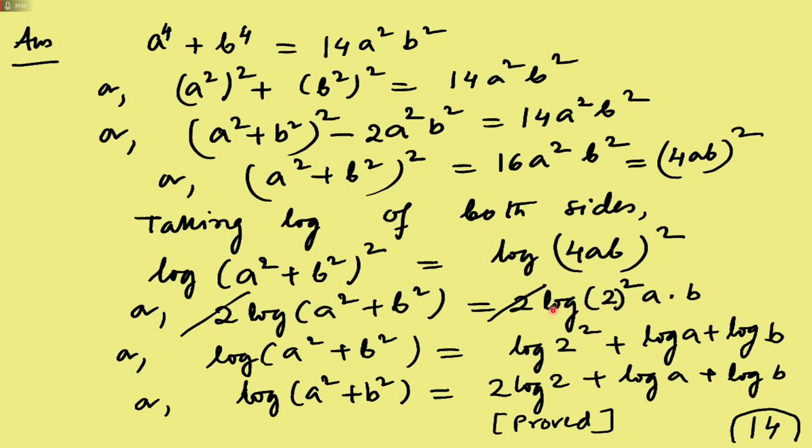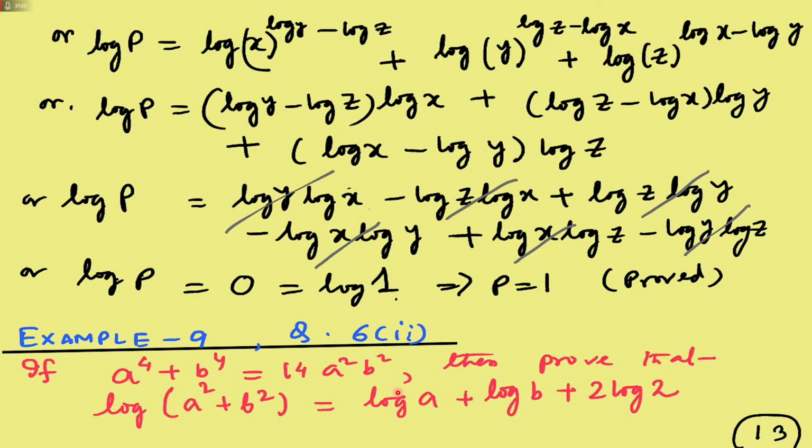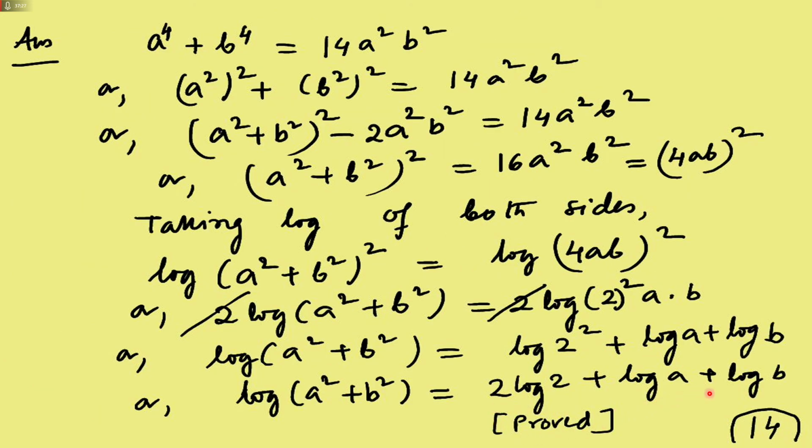You can distribute it in addition form. So we have log 2 square plus log a plus log b, and this log 2 square will give you 2 log 2, hence proved, because this is the relation you have to prove. So you already have this relation, 2 log 2 plus log a plus log b is nothing but log (a square plus b square), hence proved.